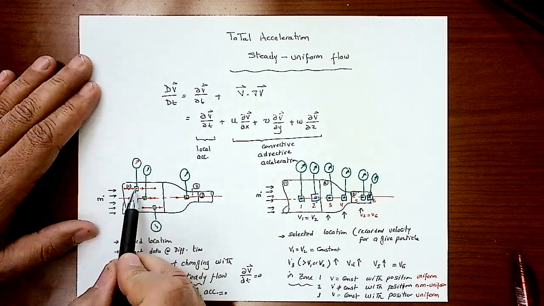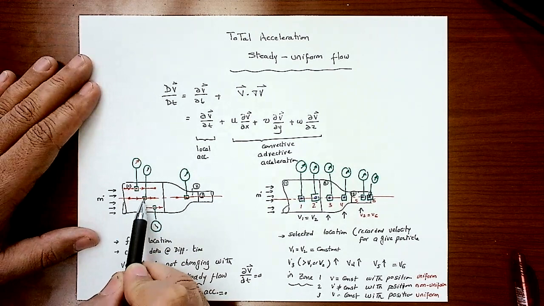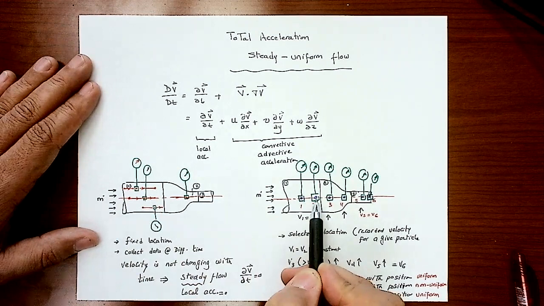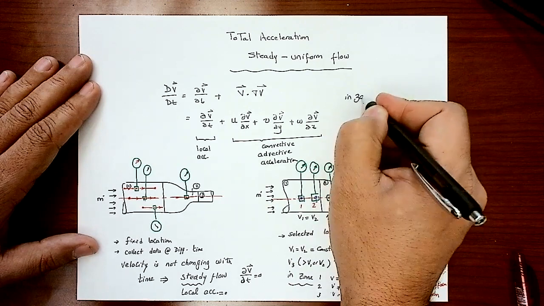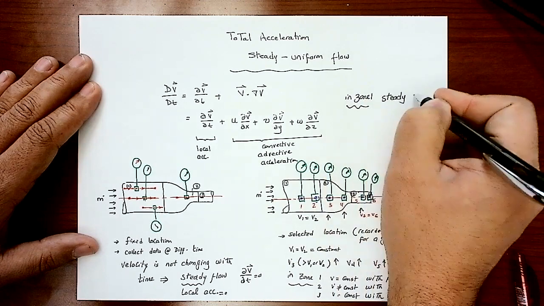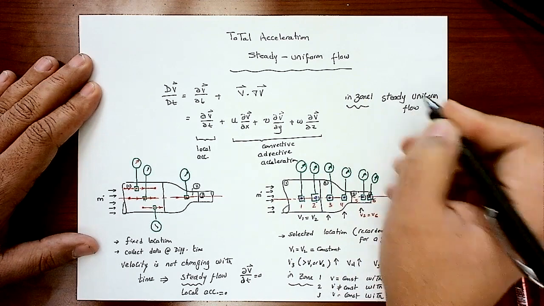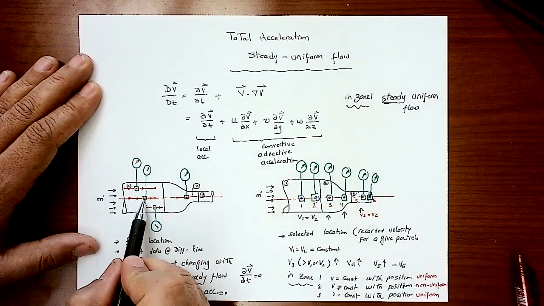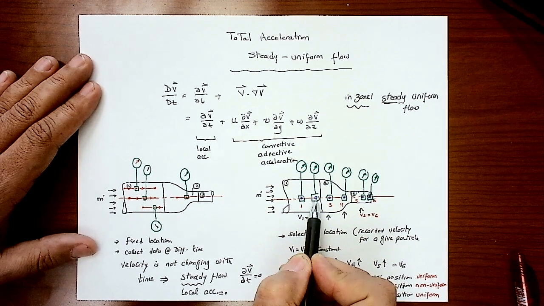So velocity remains constant at a given position with time, and this particle, when it moves, doesn't change velocity with position. So in zone 1, we have steady, uniform flow. Steady, because the velocity does not change with time at a given position, and uniform because the same particle moved from one position to the other and kept the same velocity.